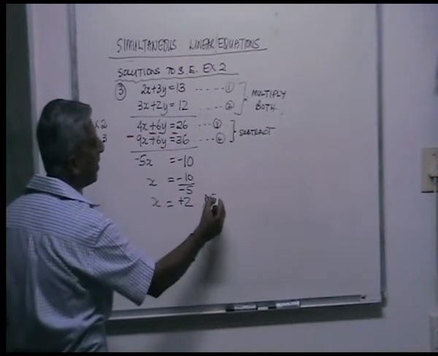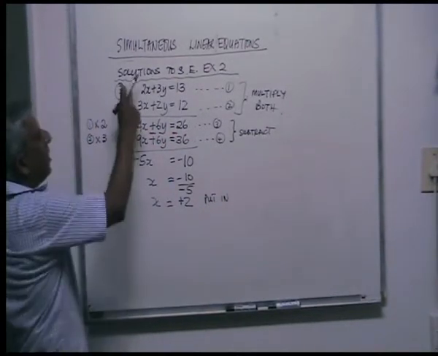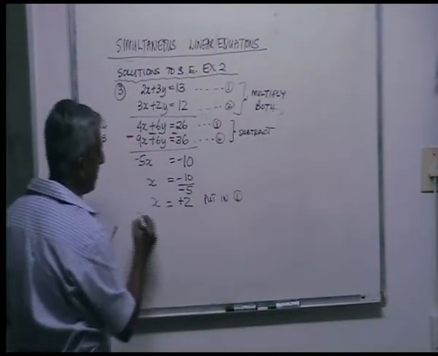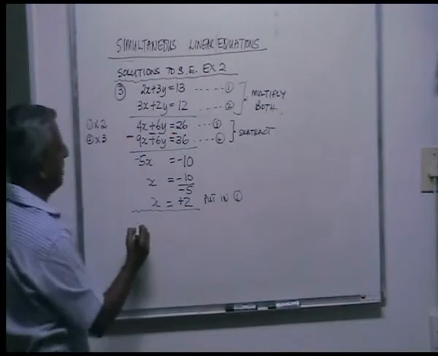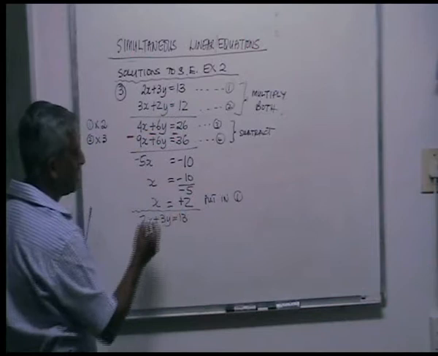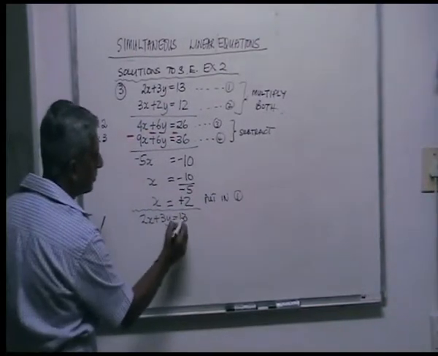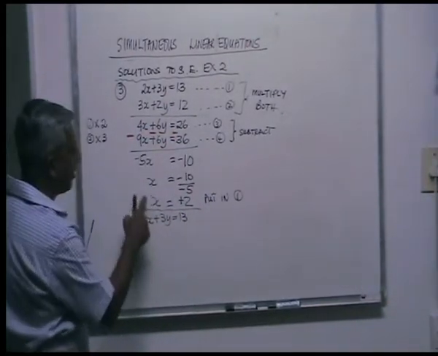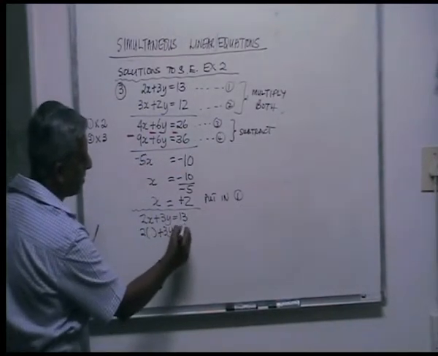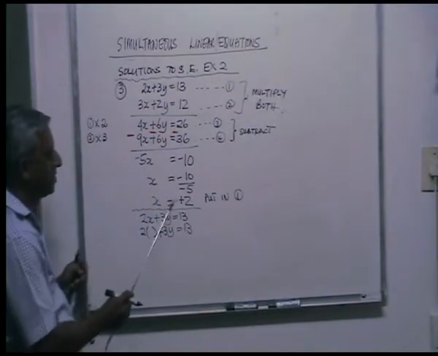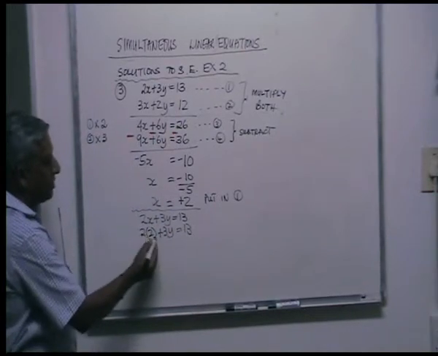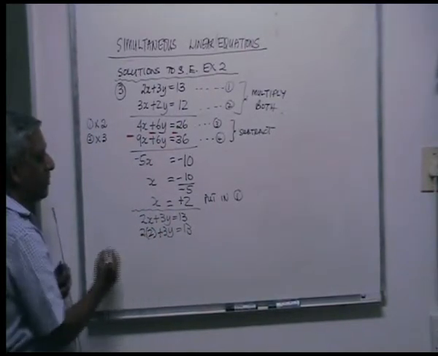And then I take this and put it in number 1 or 2. Choice is yours. Say I put it in 1. Number 1 is 2x plus 3y is equal to 13. So I'm going to put a number for x, and now x is 2. So I'll get 2 coming here. You see, the bracket helps me and it tells me I must multiply.